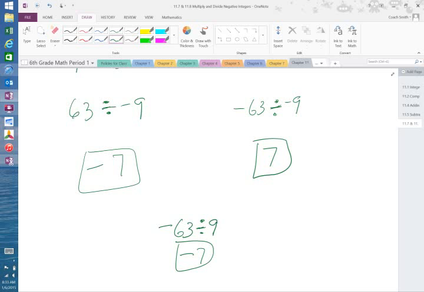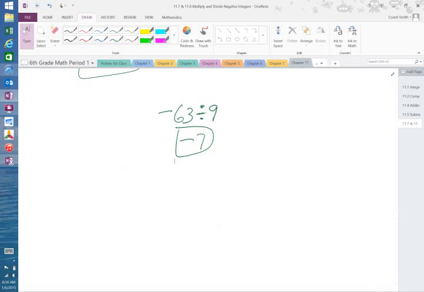Okay? Here, unlike yesterday where we were changing subtraction to addition, you don't do any of that here. Okay? Please remember that this right here, you won't have any today. That's a division problem.